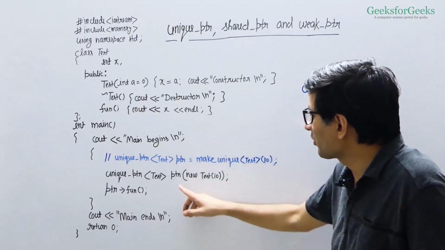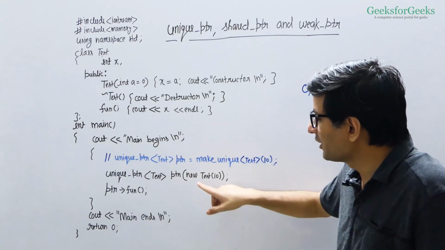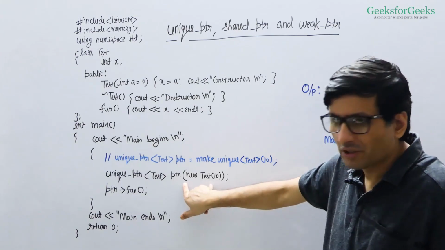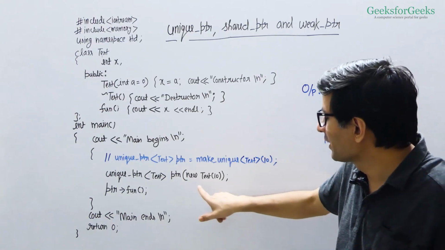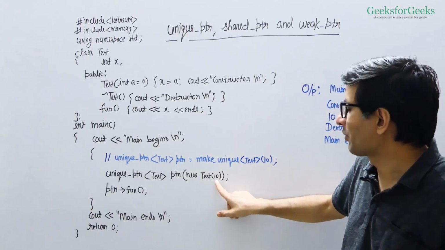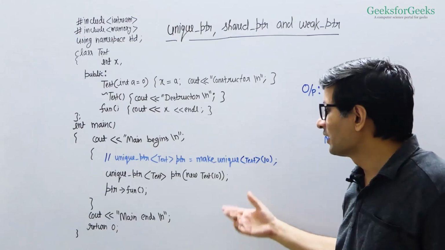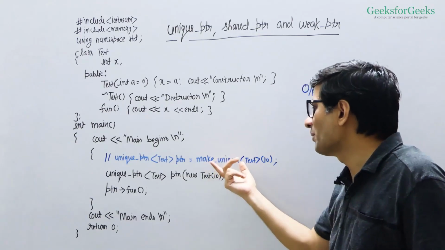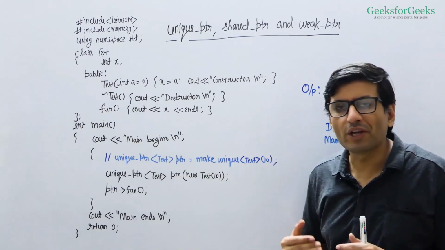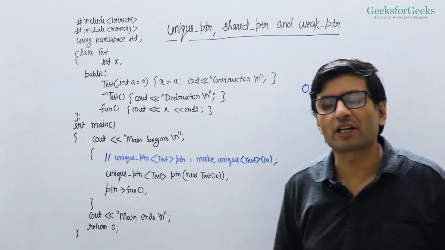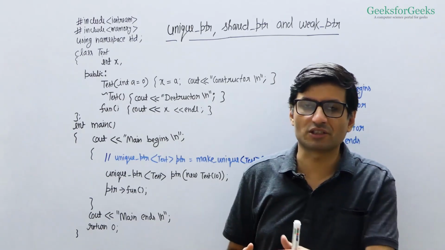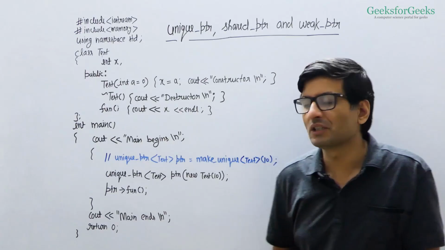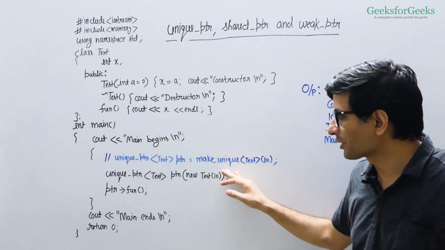Now when we create an object of unique_ptr, we can either create it by passing a pointer. I have created a dynamically allocated object of Test type and passed the pointer to it. The other way is using the make_unique function, which was added in the C++14 version. So if you're using an older compiler, make_unique would not work.